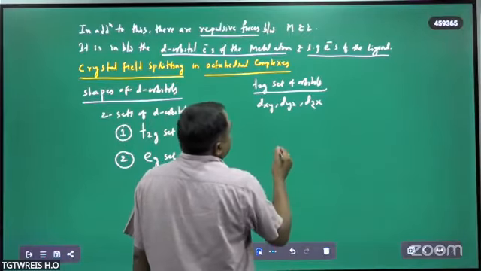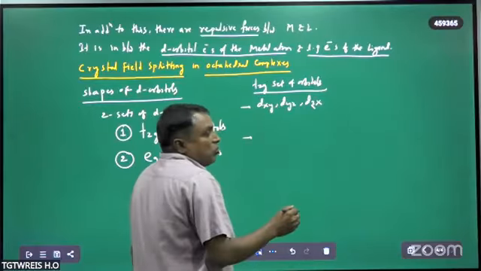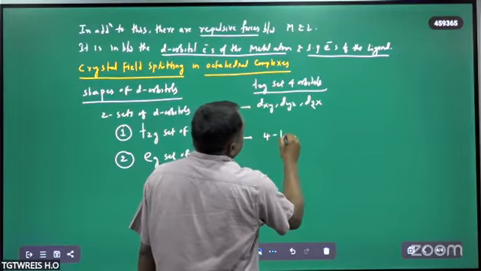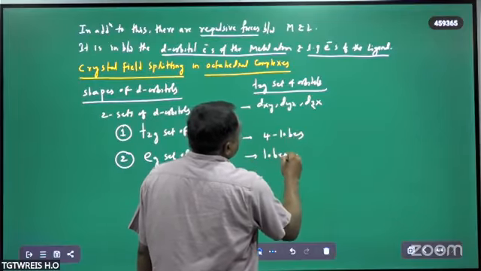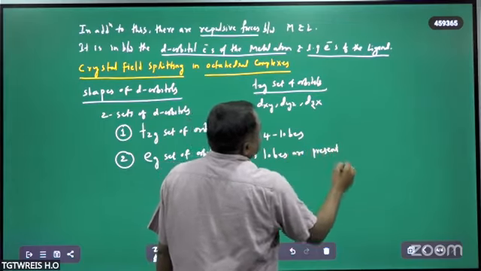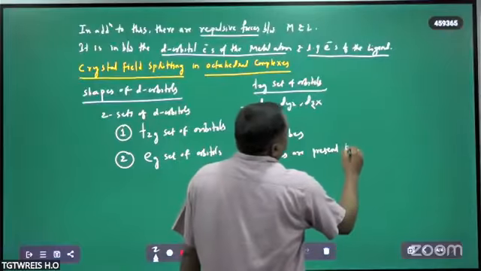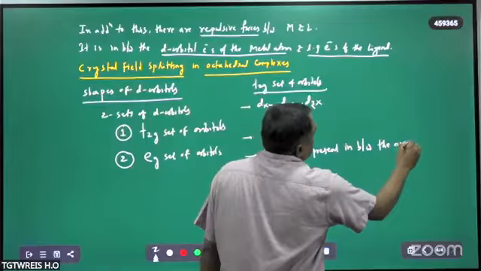In these there are four lobes, and the lobes are present in between the axes.